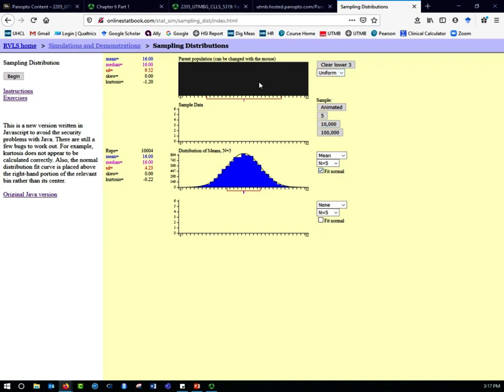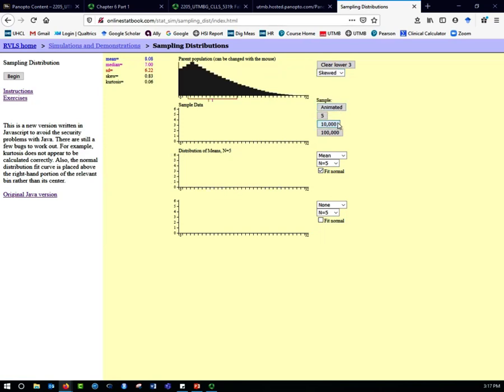All right, let's try a skewed distribution. Not surprisingly, it's kind of on the left-hand side, because it's a right-skewed distribution. So the hump is to the left, the tail is to the right. Well, let's go to 10,000. Pretty darn normal.